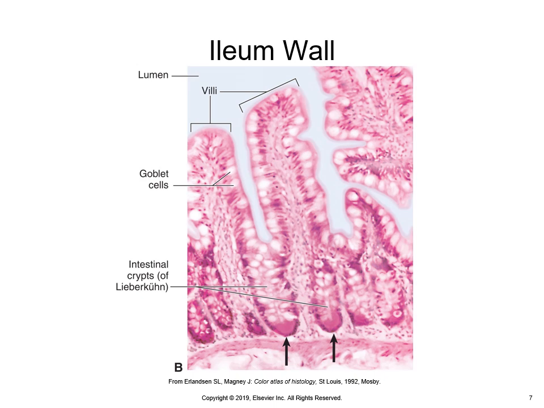And again, they're found at the base of the crypts, and they play a protective role by secreting antimicrobial compounds such as lysozyme and also defensins. So again, it helps regulate our gut health, or the gut microbiome, to prevent things like infections.